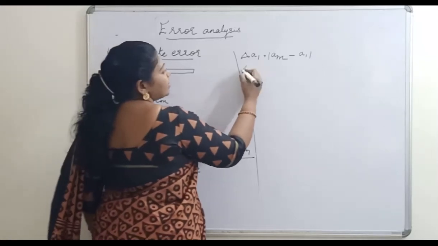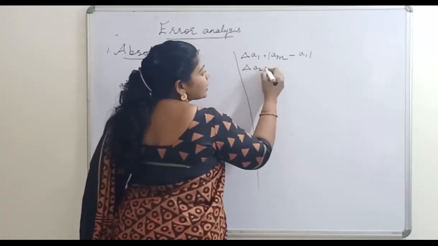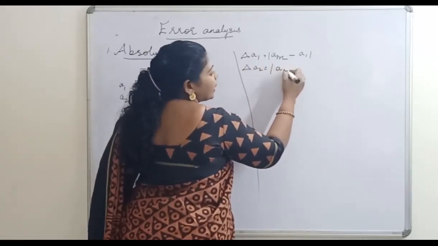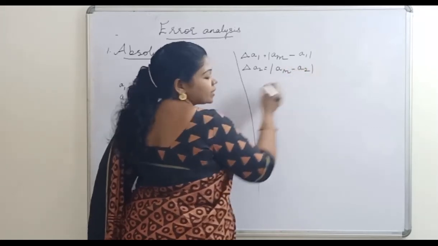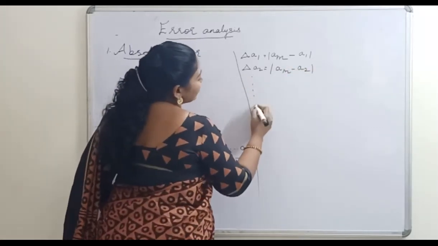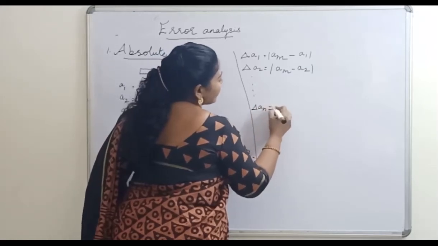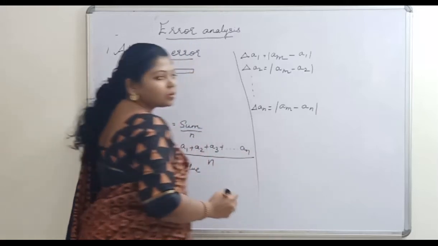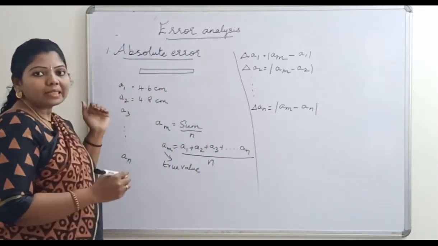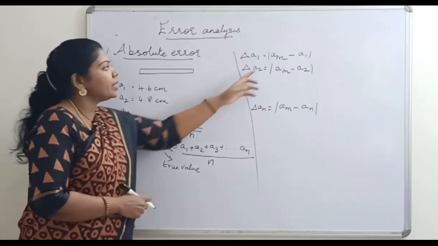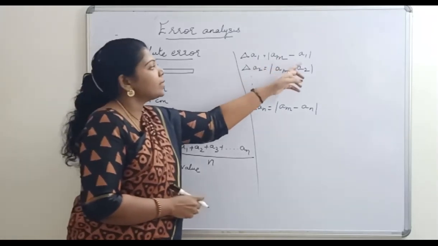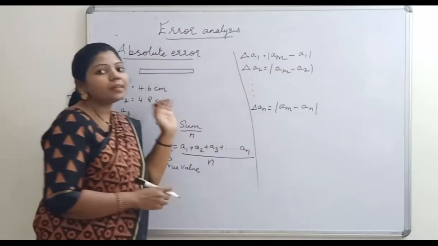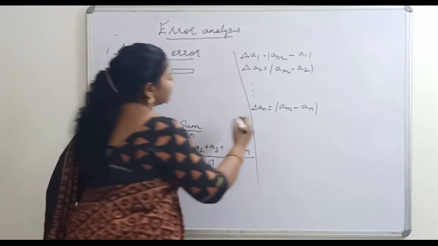Similarly, we can write delta A2 is equal to AM minus A2 for the second reading, till delta AN is equal to AM minus AN. So what is this absolute error? It is the magnitude of difference between the true value and the measured value. Clear?